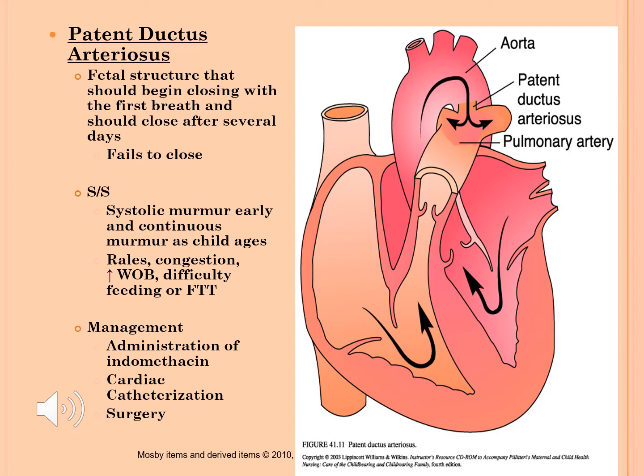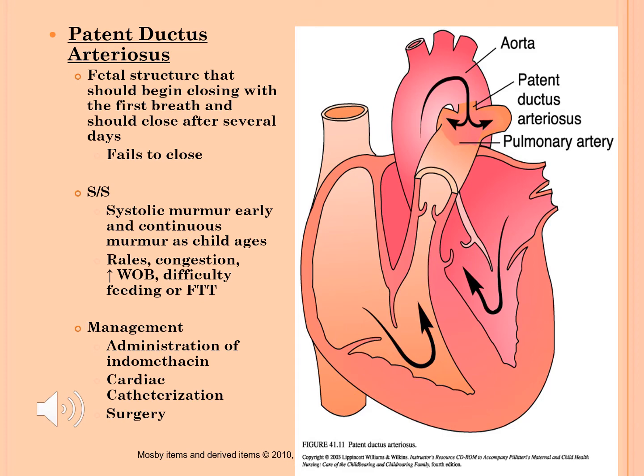So again, it's allowing blood from the aorta through the PDA into that main pulmonary artery, which shunts the blood that returns to the left atrium, and it repeats the cycle. So ultimately, you have increased pulmonary circulation.